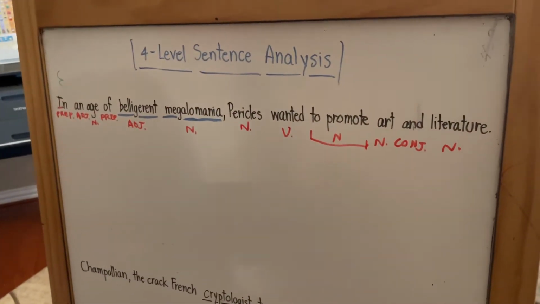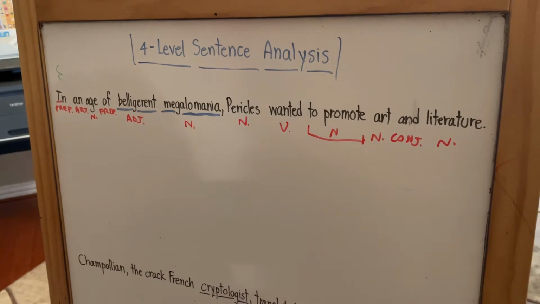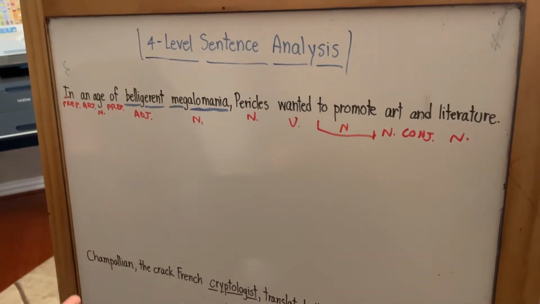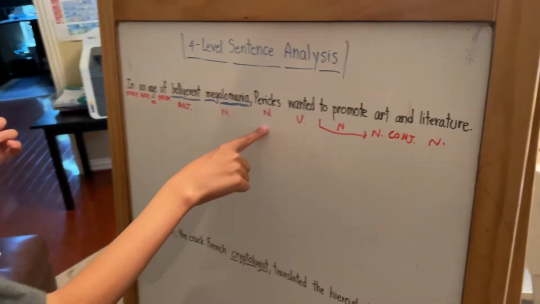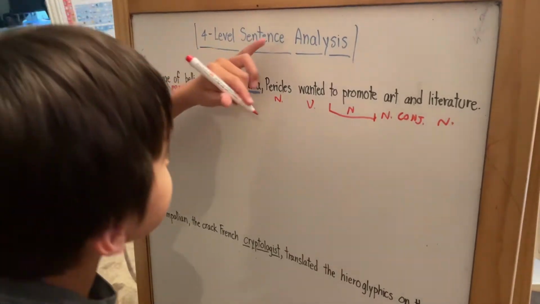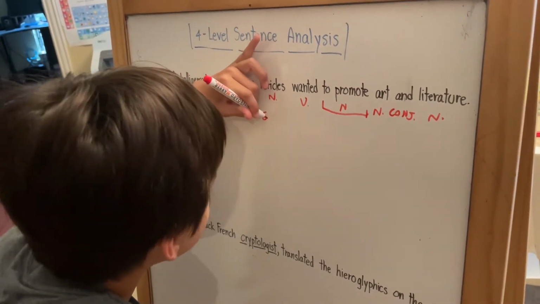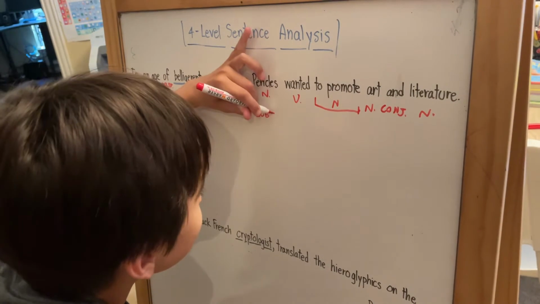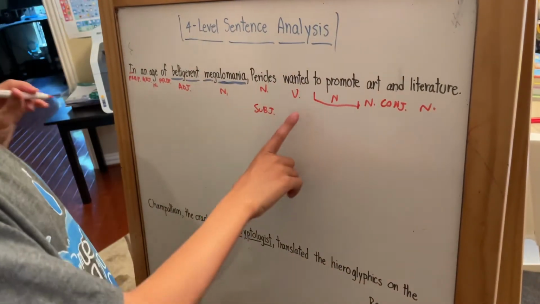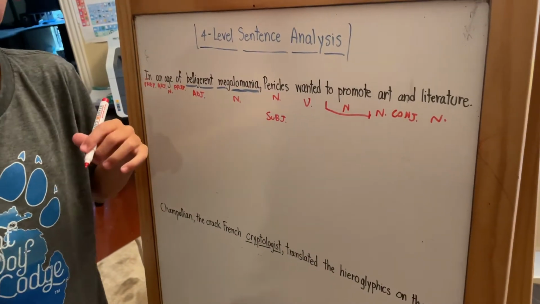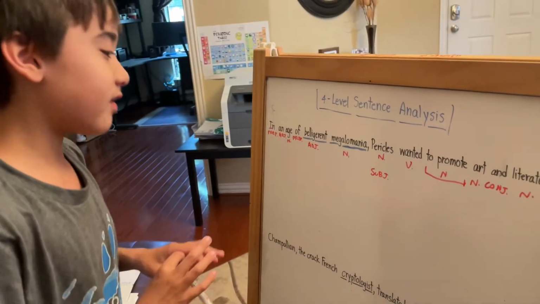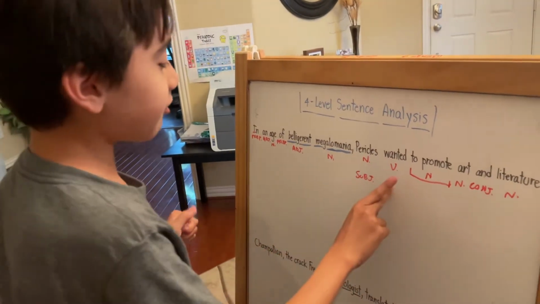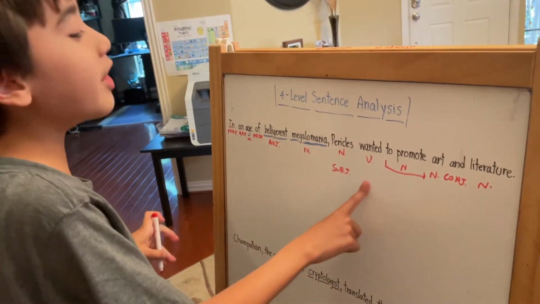So parts of sentence are the subject, the predicate, direct object, and indirect object. So here, Pericles is the subject because subjects must always be nouns, no matter what. And then wanted is our action verb predicate. This means that it's conveying the action of Pericles wanting to do this.